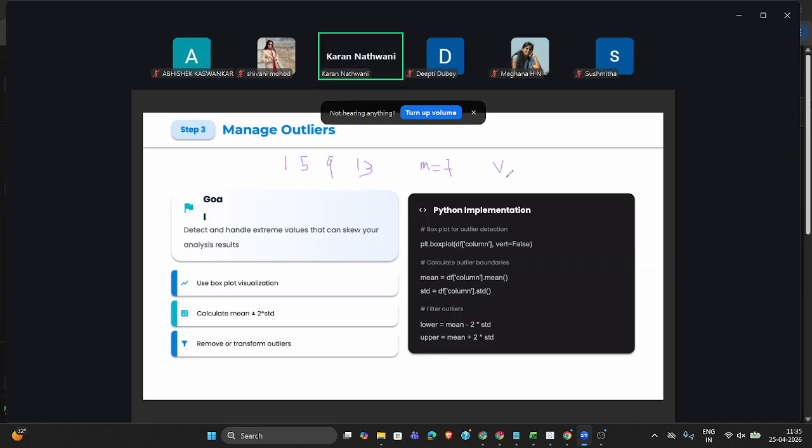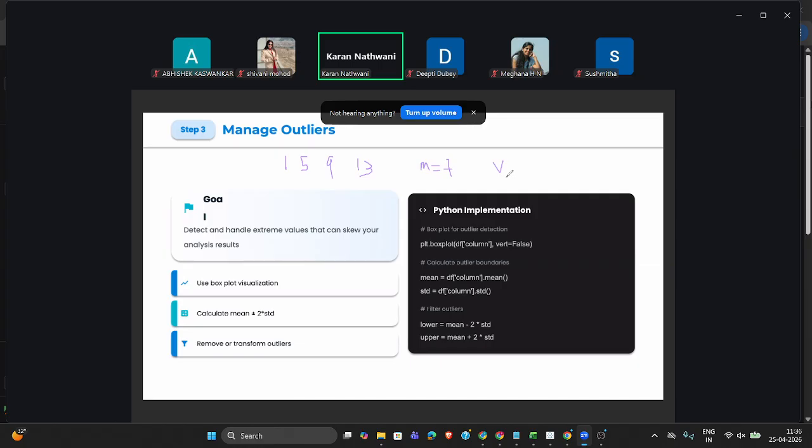1 minus 7 or 7 minus 1, because it's a square, it hardly matters. What is the answer of the variance, please?